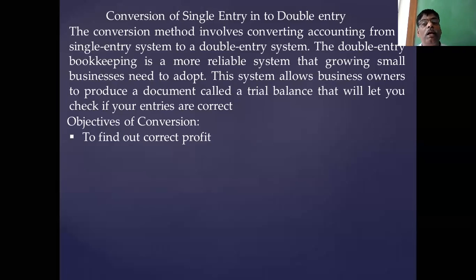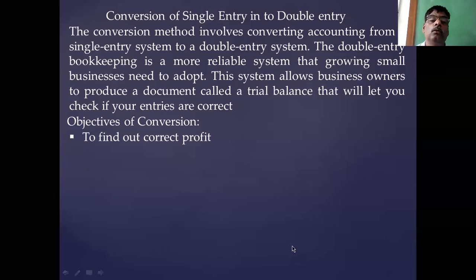Whatever profit you calculated in the single entry system is not an exact profit and not a correct profit, because all the transactions related to the business are not properly recorded. Therefore, whatever profit you ascertained in the single entry system is not a correct profit. So, if you want to find out the correct profit of the business concern, the double entry system is necessary.